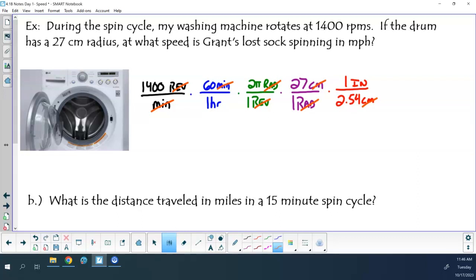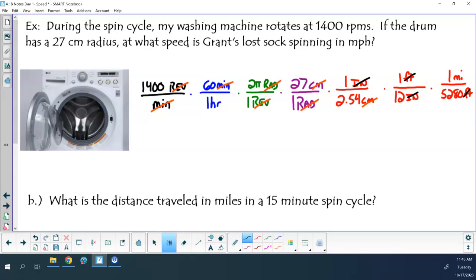That means I'm going to multiply by 12 inches is 1 foot, and 5,280 feet is 1 mile. Because now inches, feet gone, left with miles per hour.